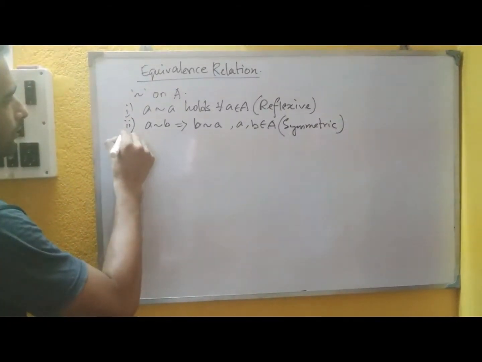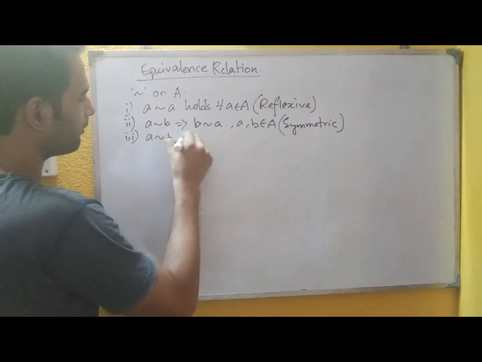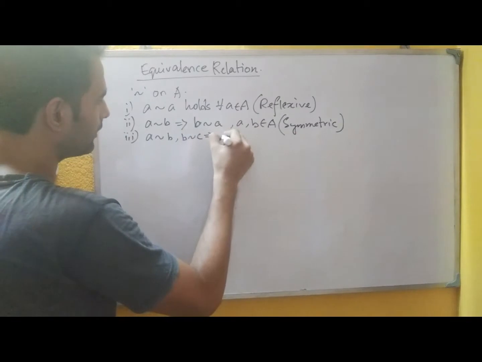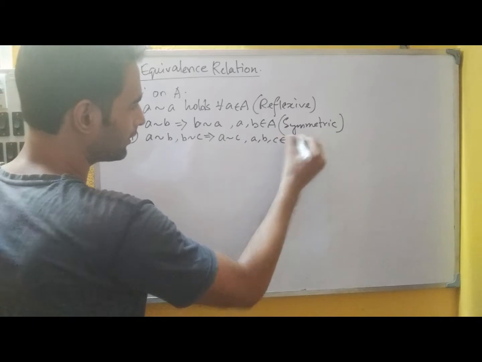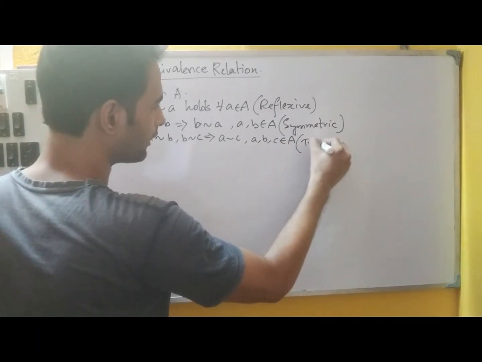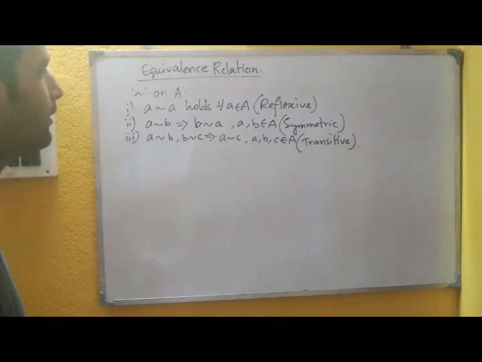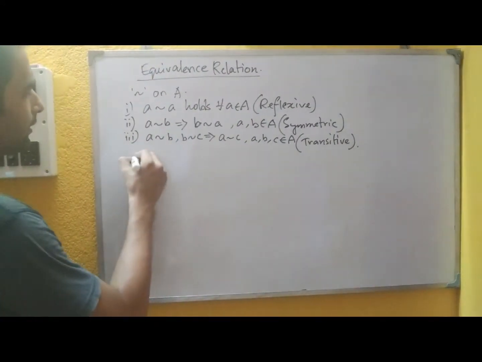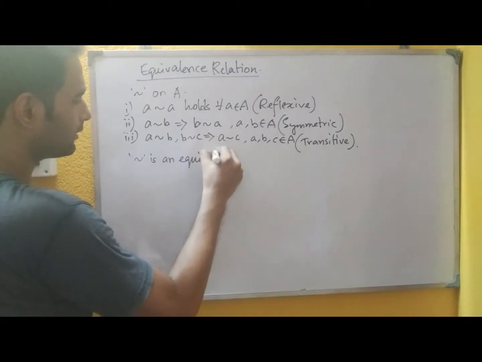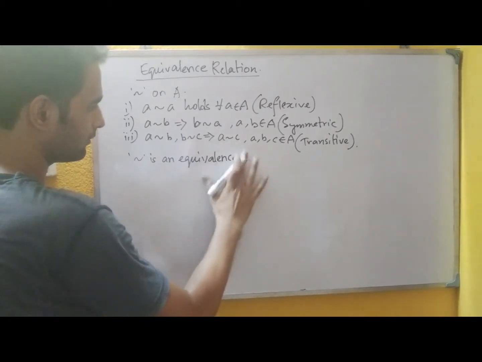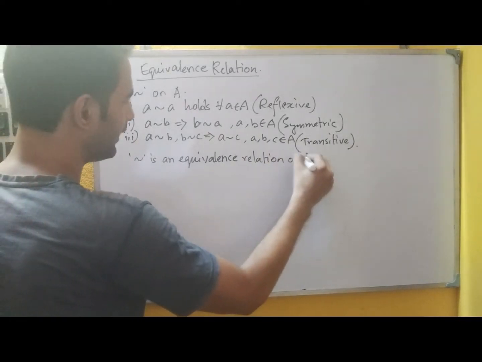And the third one is called the transitive relation, defined as: a tilde b and b tilde c will imply a tilde c, where a, b, c belong to A. So if these three conditions hold together, then we say that tilde is an equivalence relation on the set A.